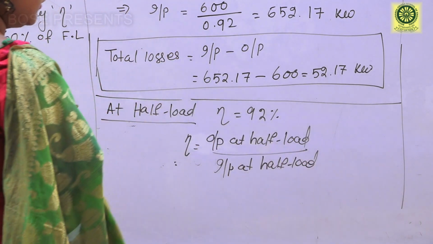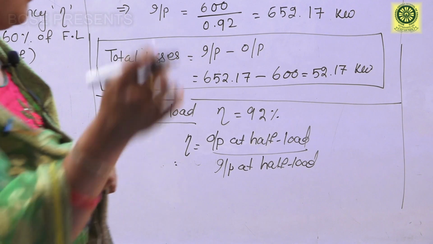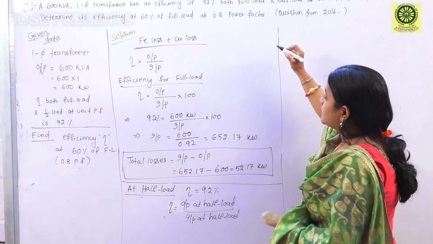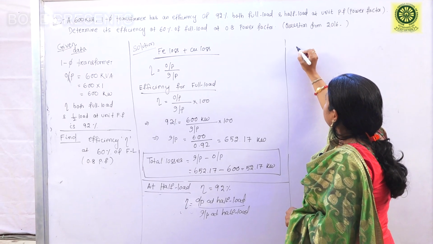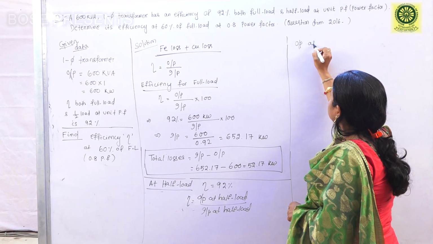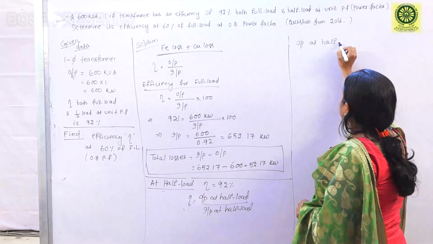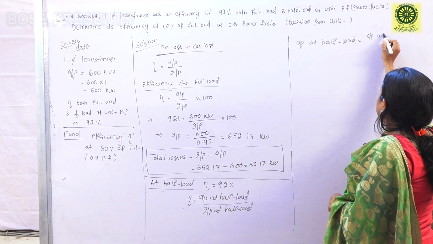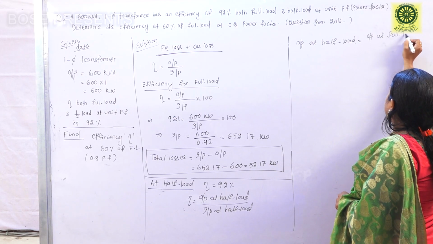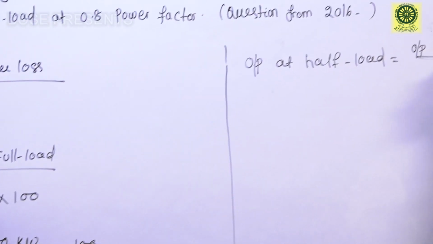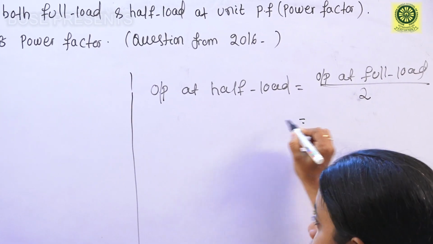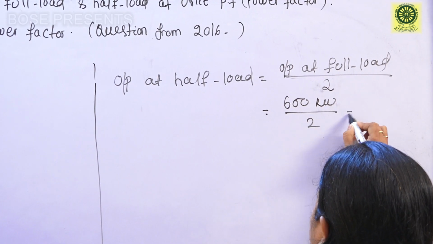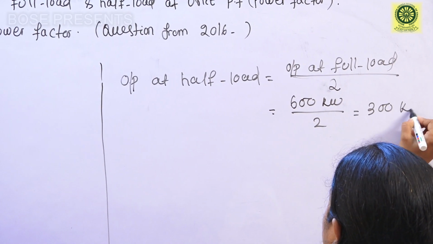Then we have to calculate the output at half load. Given the output at full load is 600 kilowatt, therefore output at half load is equal to output at full load divided by 2. So it is 600 kilowatt divided by 2, which is equal to 300 kilowatt.